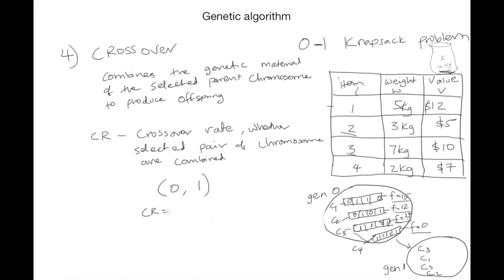Normally we set it to a higher value, let's say 0.7 or 0.8, to allow greater proportion of the next generation to be made of offsprings. The way we can implement crossover rate is to simply generate a random number which is between 0 to 1, and if this random number is less than or equal to CR, then crossover happens.